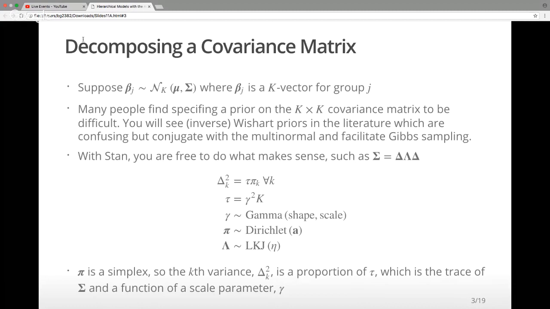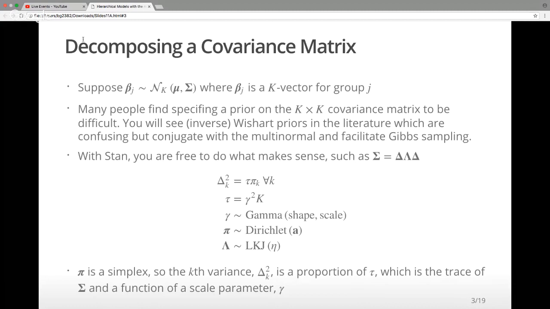And so what are our prior beliefs about pi k? Well, the entire collection of the elements in the vector pi is a simplex vector, which is to say they're non-negative and they add up to exactly 1.